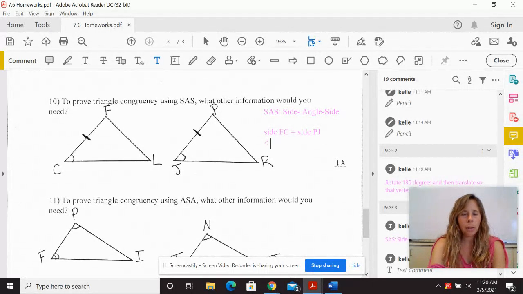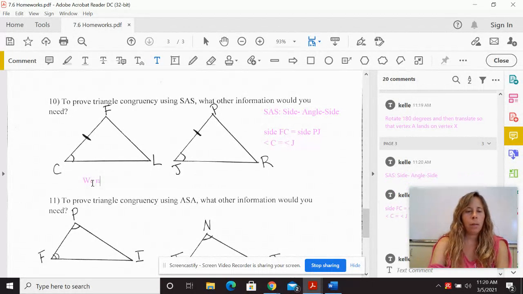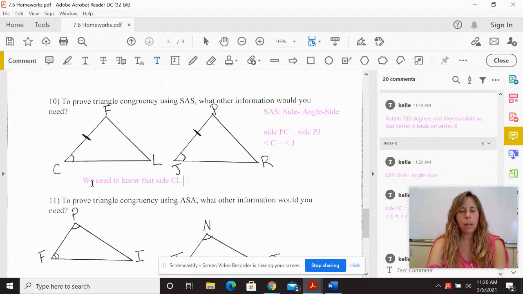And we're told that angle C is congruent to angle J. So we have side, angle. So what else do we need to know? We need to know this side. We need to know that side CL is congruent to side JR.